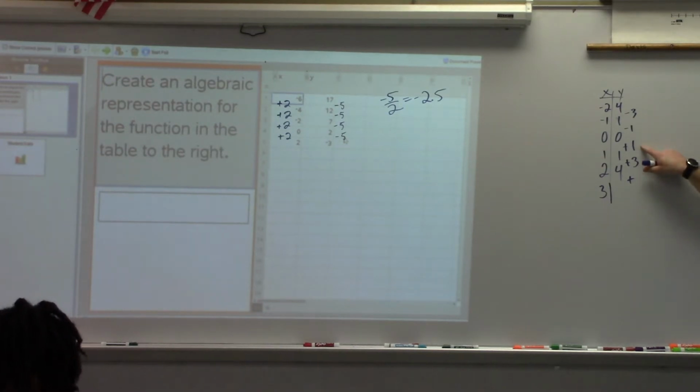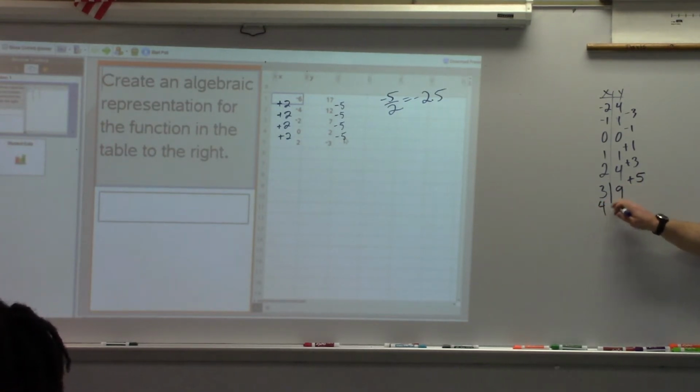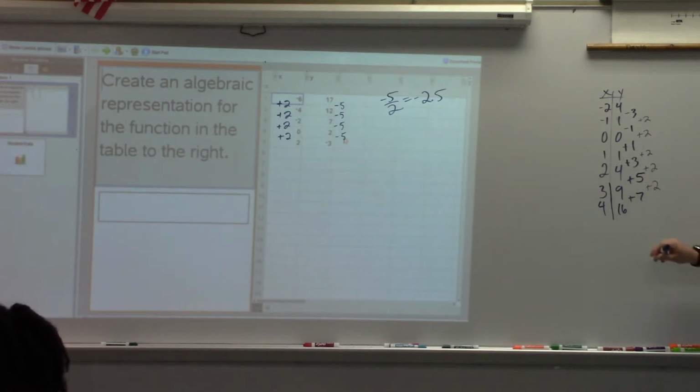Minus 3, minus 1, plus 1, plus 3, plus 5. Plus how much? 7? Not just going by odds. Pattern is plus 2. Notice how these are each adding 2. So then the next one would be plus 9.